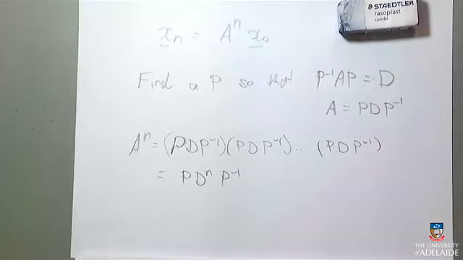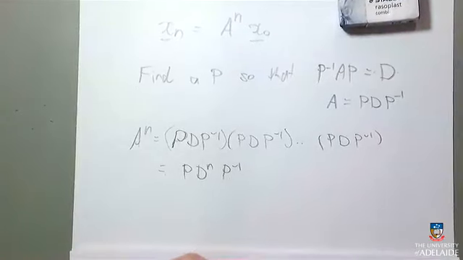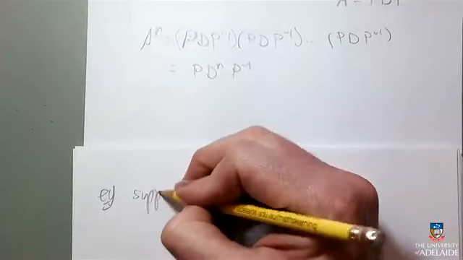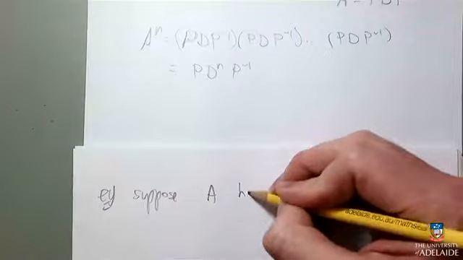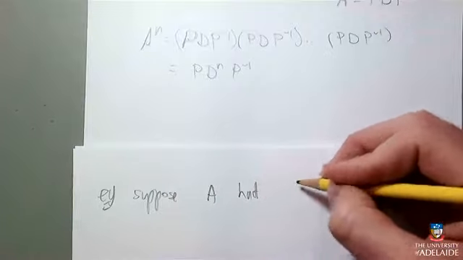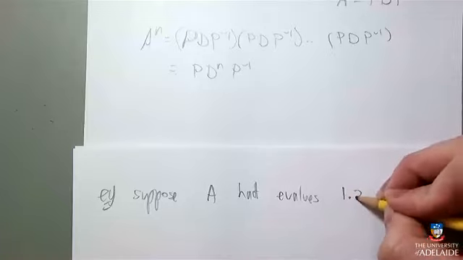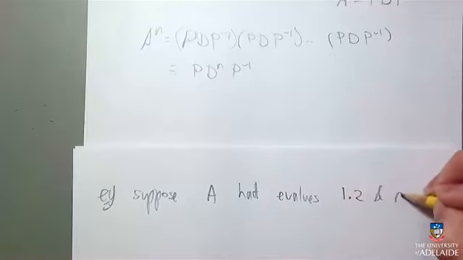So I'm just going to do not that example, but just have an idea of what might happen. For example, suppose A had eigenvalues 1.2 and 0.8.